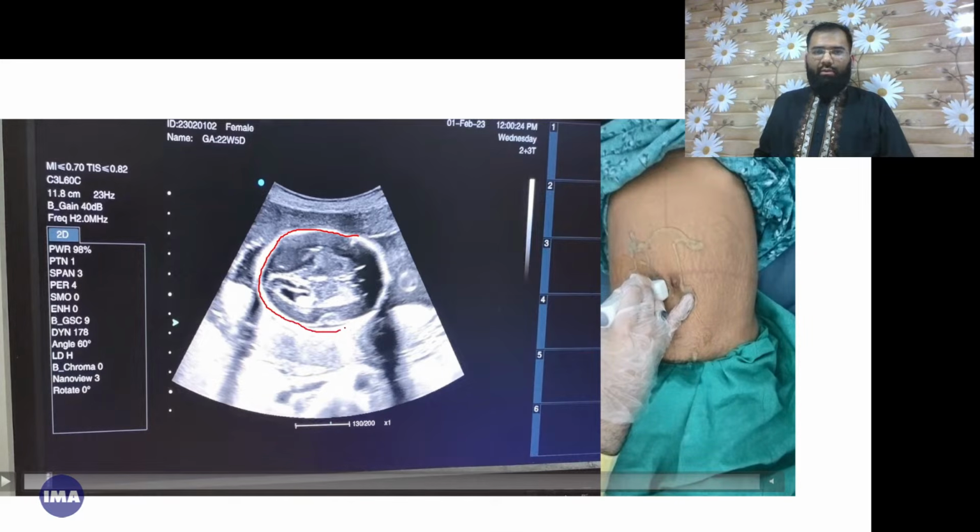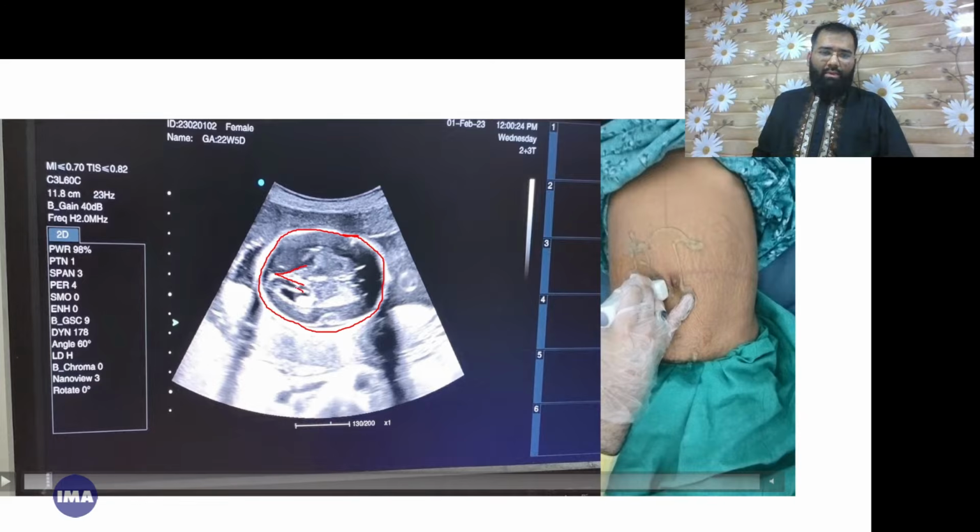This is the fetal head, and we are able to see this posterior arrow. It is very important to find this posterior arrow because it denotes the landmark or the section in which you need to measure the biparietal diameter and the head circumference of the fetus.